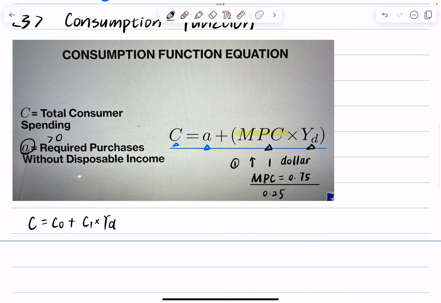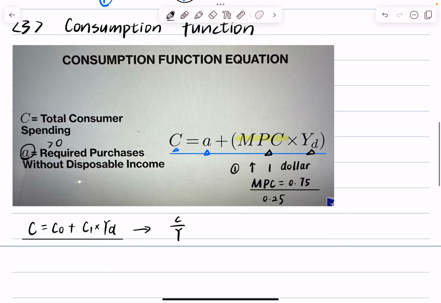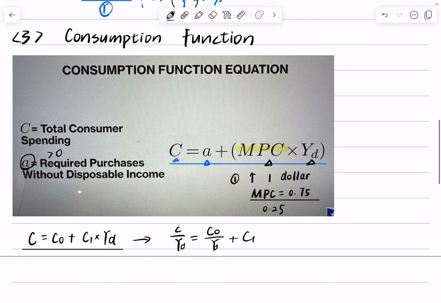So we need to rewrite this equation, just dividing by disposable income.